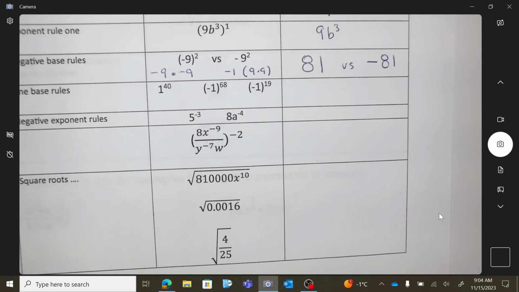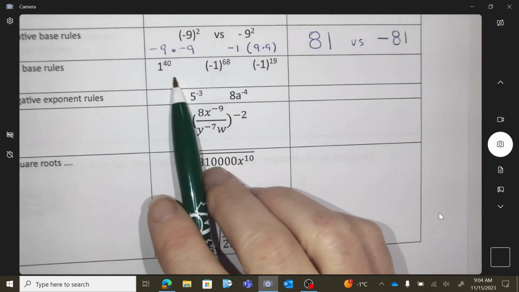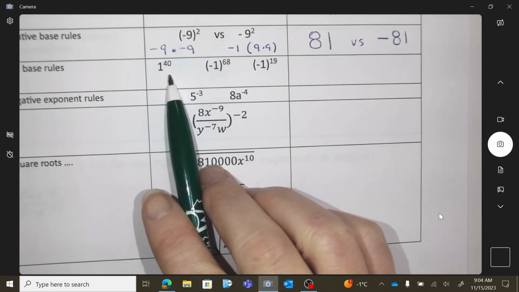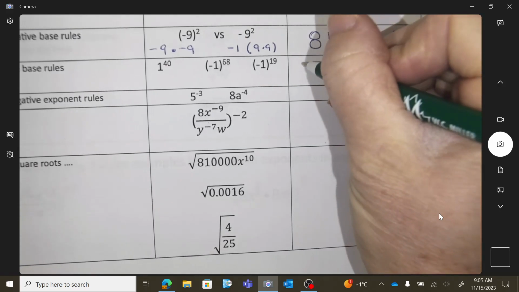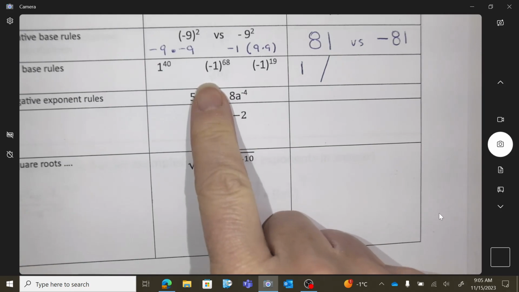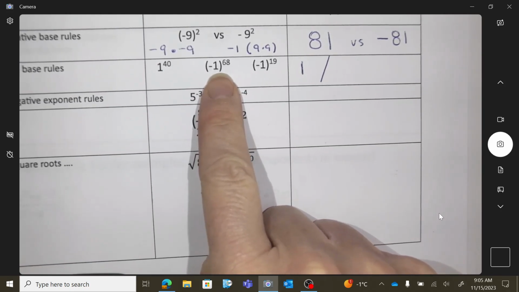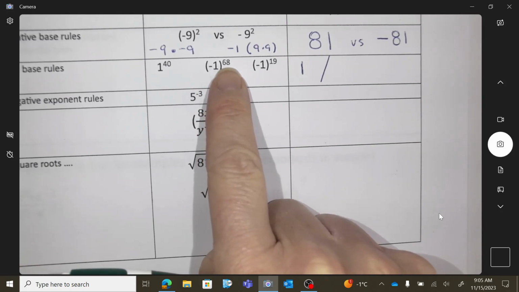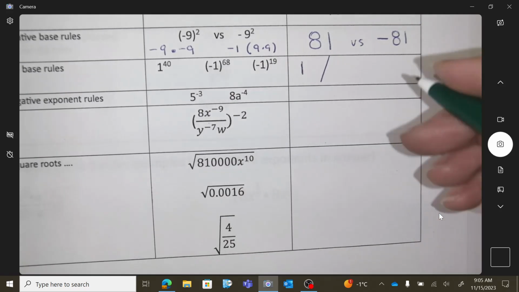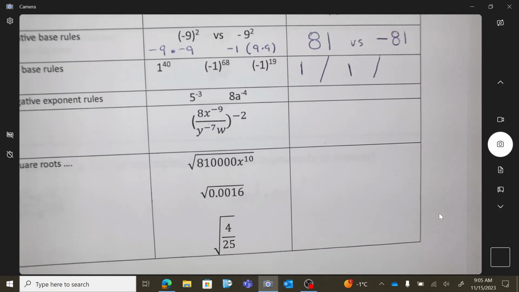Okay, let's talk about having bases of 1 or negative 1. So this one is, what is 1 times 1 times 1 times 1 times 1 times 1 times a bunch of times? So that is just 1. If I do a negative 1 times negative 1 times negative 1 and so on an even amount of times, it would be positive 1.